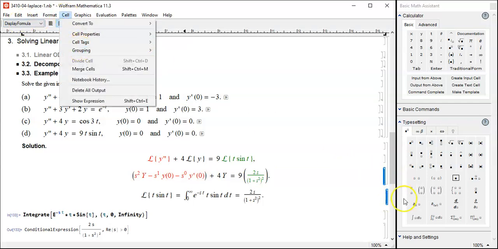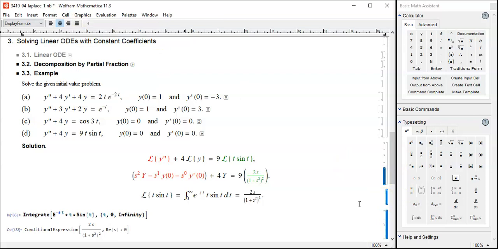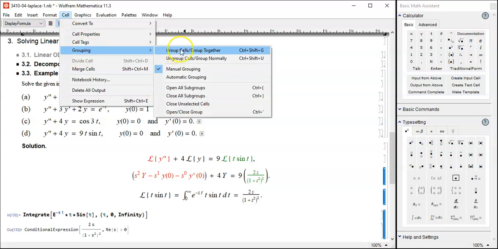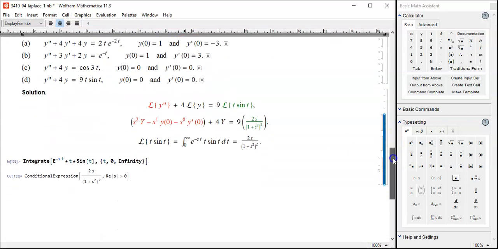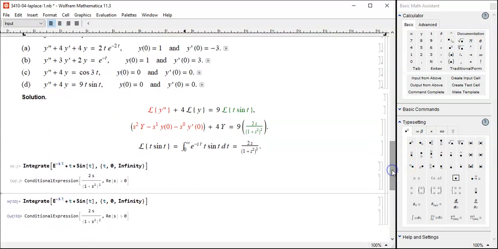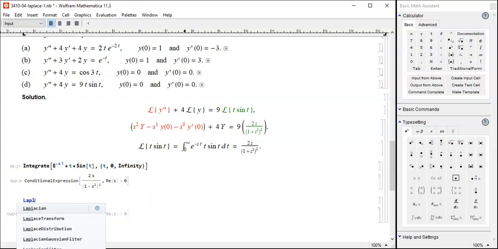And then let's put all these together as justification. By the way, I didn't really want to show you this, but I'd better do this. With the definite integral, sometimes it fails, and then you can just ask Mathematica to find the Laplace transform.